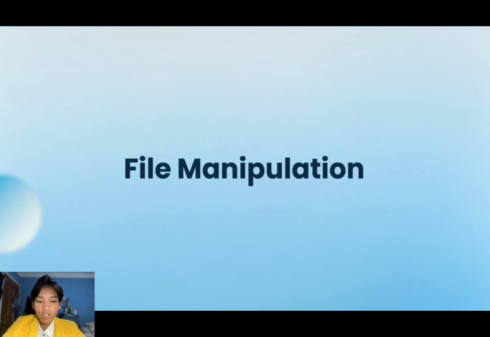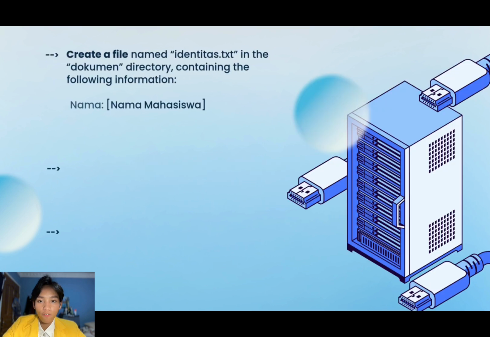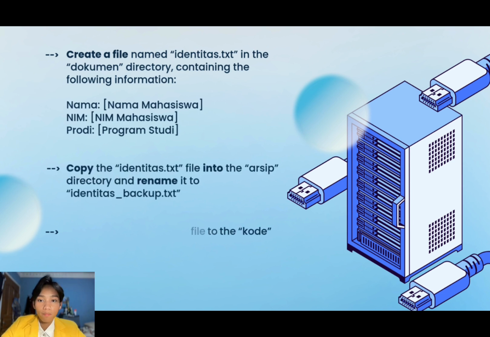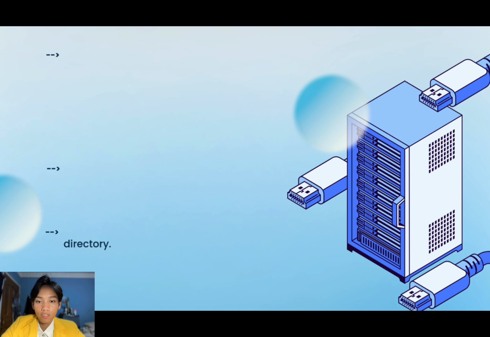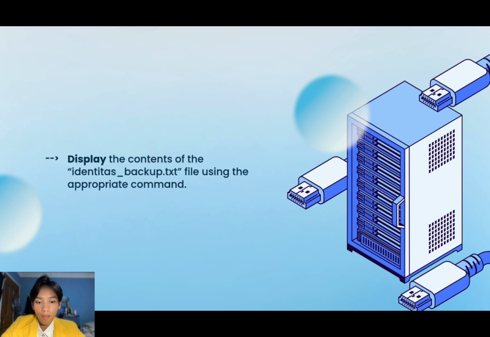Now let's move on to file manipulation. In this file manipulation, we have four tasks. First is to create the file named identitas.txt, then to copy that file and rename it, then to move that file again to the code directory, and the last is to display the content of the identitas backup text.